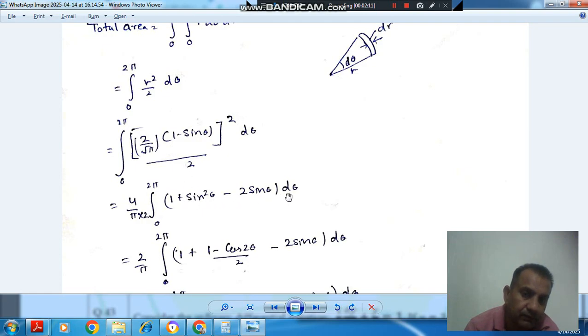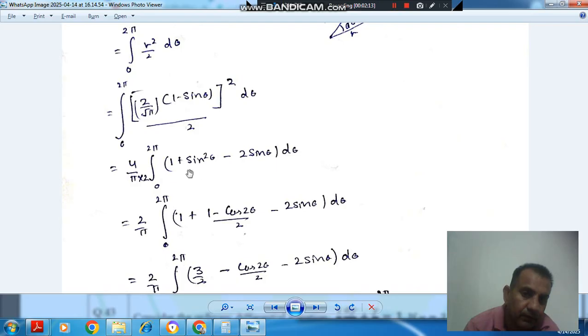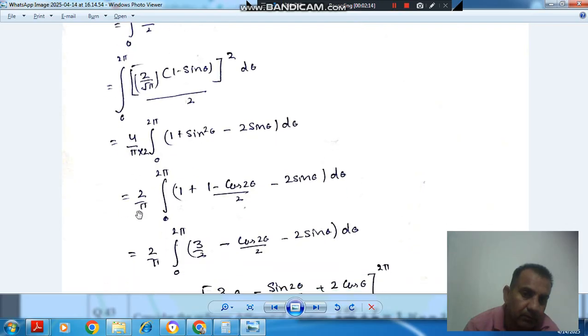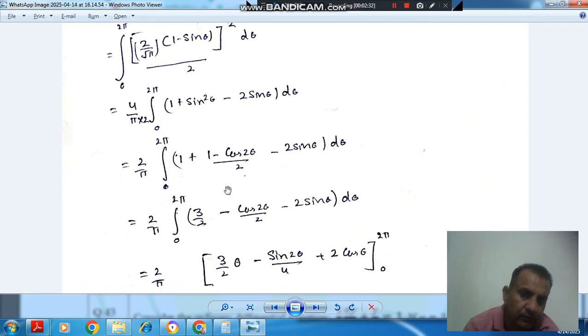Okay. So now this will be 2/π, and this will be 1 + (1 − cos 2θ)/2, since 2 sin²θ is 1 − cos 2θ, so sin²θ will be (1 − cos 2θ)/2. So now 1 + 1/2 is 3/2, minus cos 2θ/2, minus 2 sin θ.